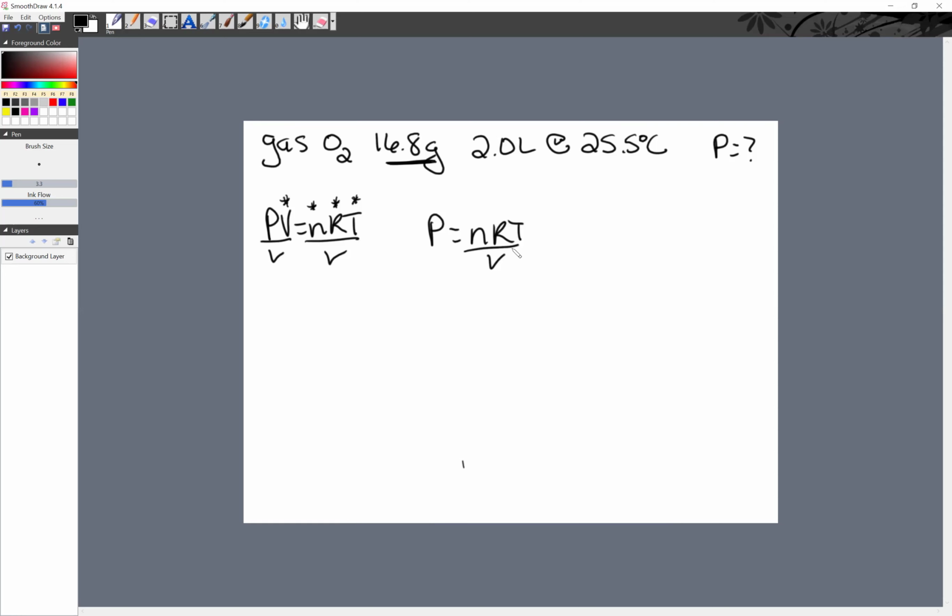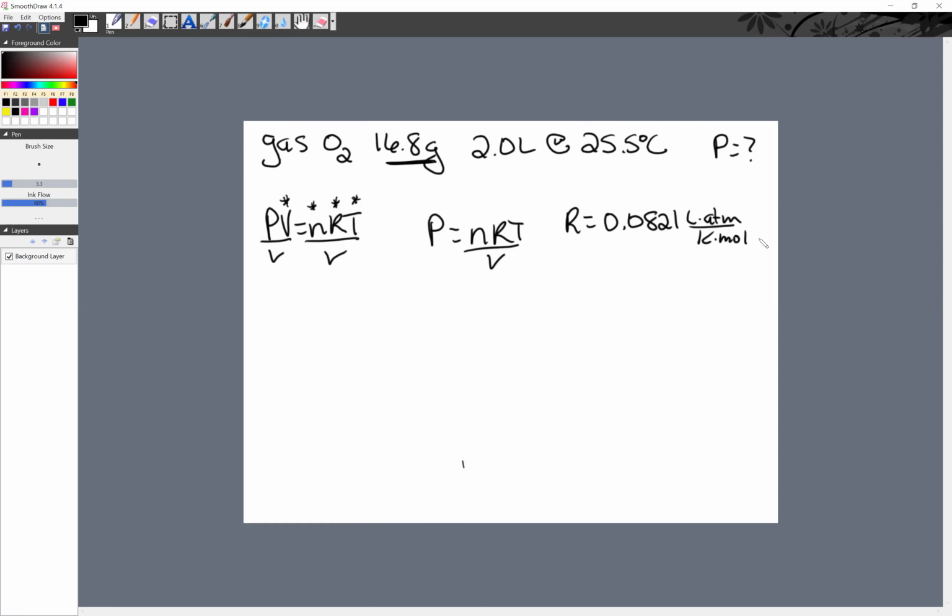It does not matter, but R is 0.0821. Double check me. Is that the gas constant rounded? I think so. Yeah, 0.0821. Now keep in mind, I did round it because I didn't need very many significant figures.